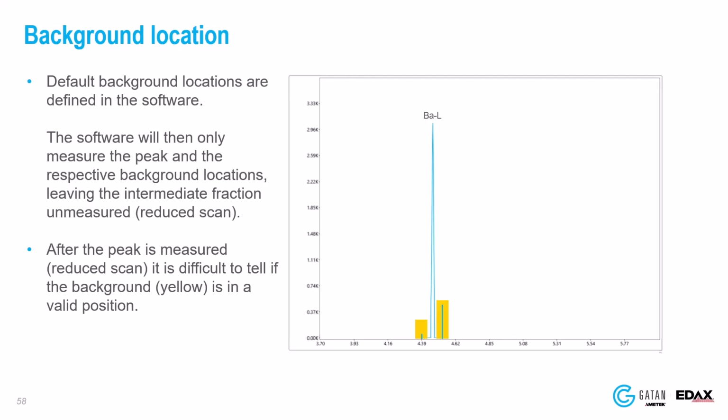Therefore, the user needs to verify that no other peak lays within the background location. On the image, a reduced scan is shown, and it's really difficult to judge whether or not the background location collected here is valid. So let's have a look at the background position collected with this scan.